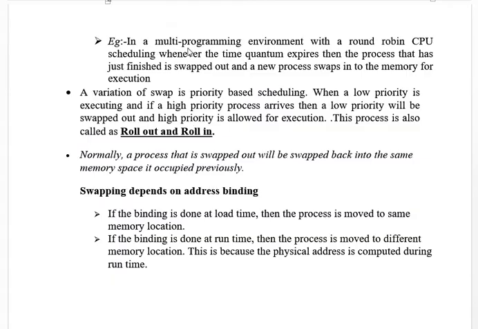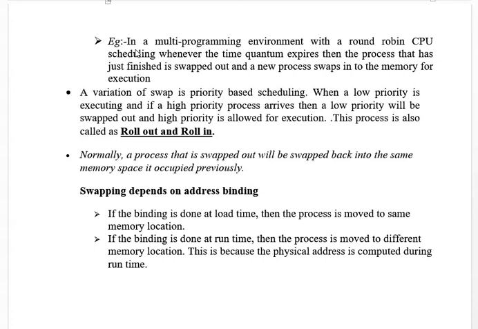Take an example here in a multi-programming environment with round-robin CPU scheduling. You all know that in round-robin scheduling, we use a time quantum, and based on the time quantum the processes will execute.